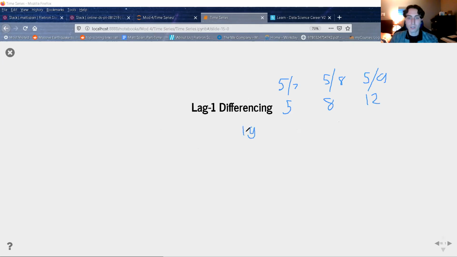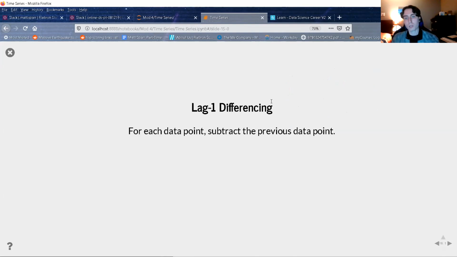If we wanted to make the lag 1 data, since our first one doesn't have anything before it, we just cancel it out. We don't worry about it. But our second point, we can take the value at this point and subtract from one previous period. So we would take 8 minus 5 and we get 3. And then in this one, we could take 12 minus 8 and get 4. So you'd basically do this across the whole data frame. And we'll see what it does here in a second. So yeah, for each data point, you subtract the previous data point.